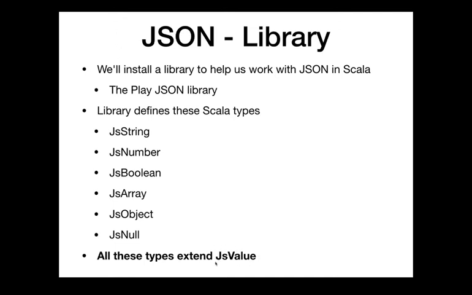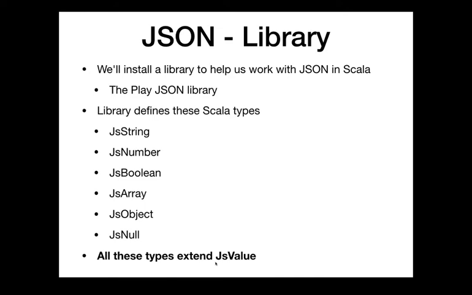So now when we're parsing these JSON strings, we're parsing them into JsValues, and we're working just with the JsValue type, even though that JsValue type will actually be one of these 6 subtypes. We're going to write all our code generically as JsValues, so now we can work with all 6 of these types at the same time.